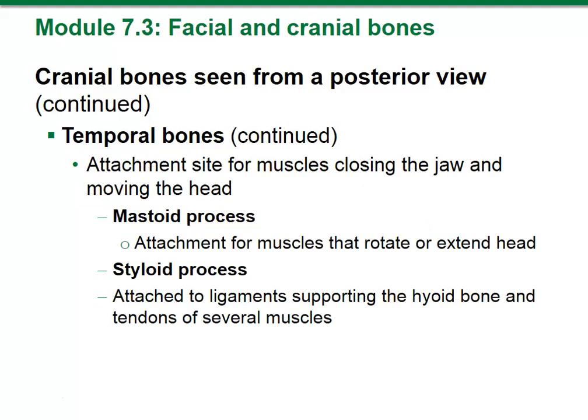Also, the temporal bone is attachment site for muscles that close the jaw. Then we have the mastoid process and the styloid process. The mastoid process is attachment for muscles that rotate or extend the head, and then the styloid process is attachment to ligament supports the hyoid bone and tendons.